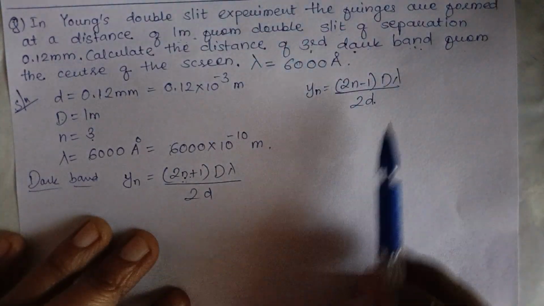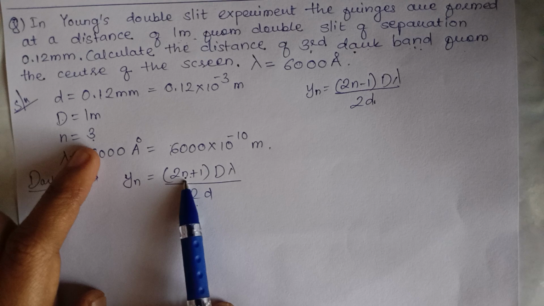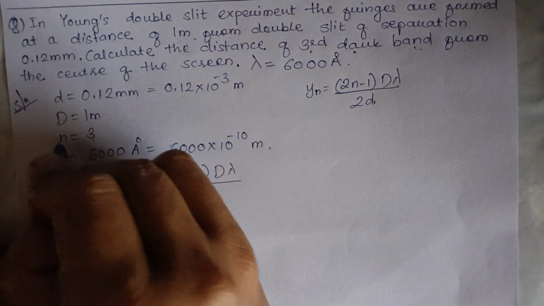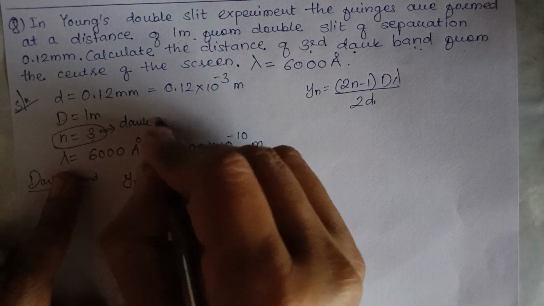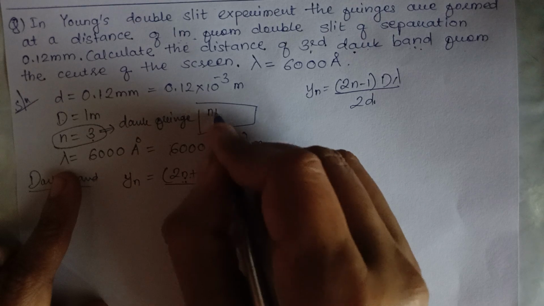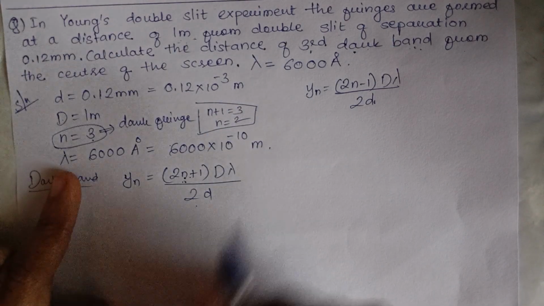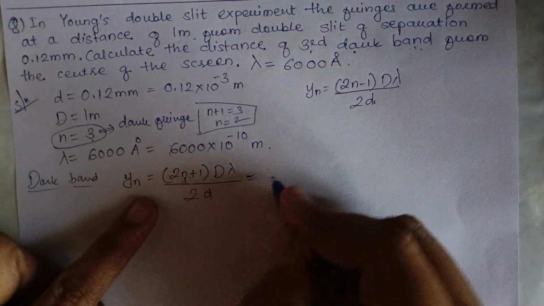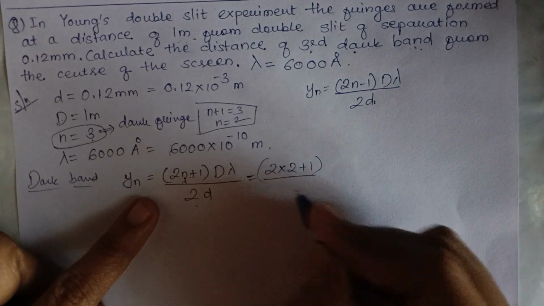So you can use this formula or this formula. So our n is 3, dark fringe. So n plus 1 is 3, so n is 2. Okay. So we have to substitute here 2. We'll get the same thing.